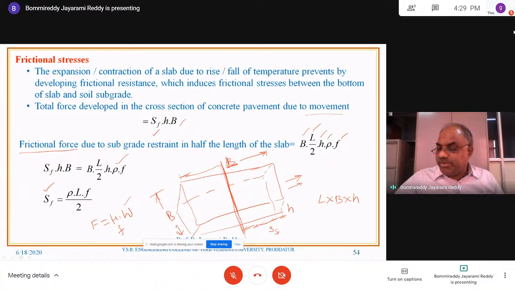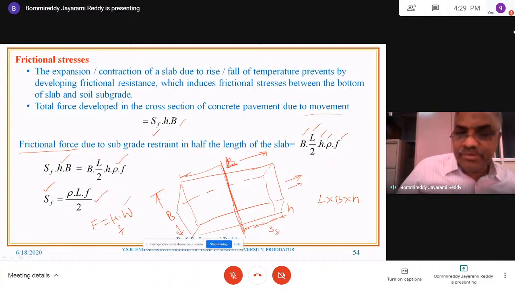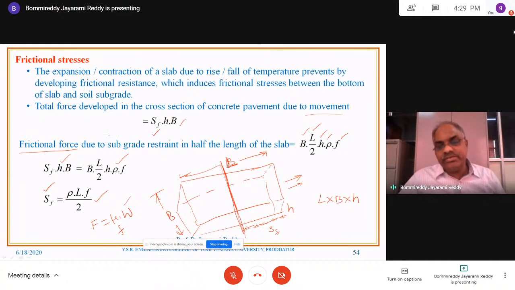The resistance is by means of SF into HB. Accordingly, you can find this. Don't try to learn this formula by heart. Sometimes this may be a numerical question in the exam, but if you memorize the formula, reproducing it in the exam may not be possible.